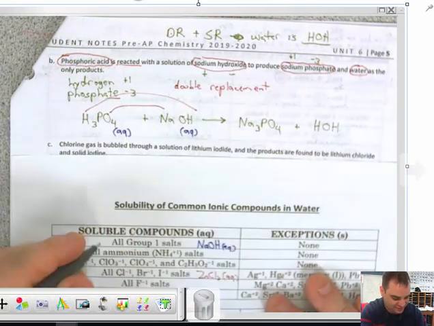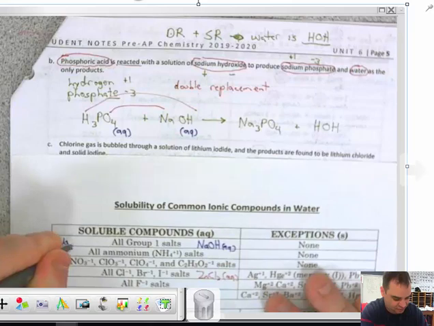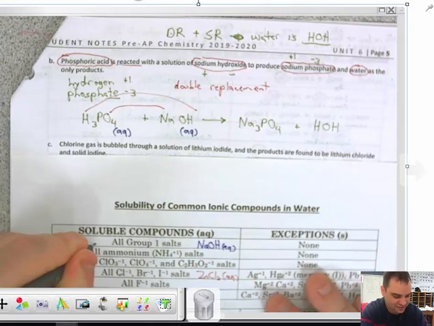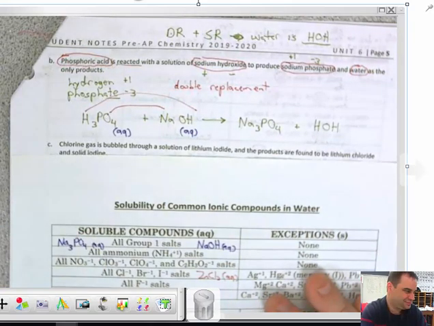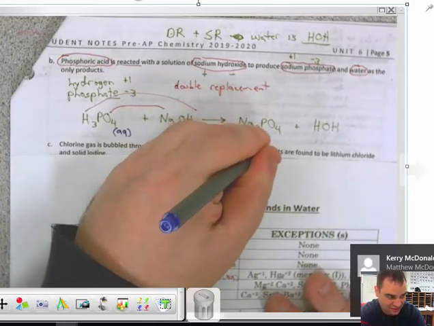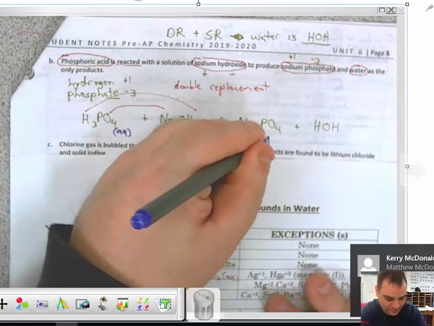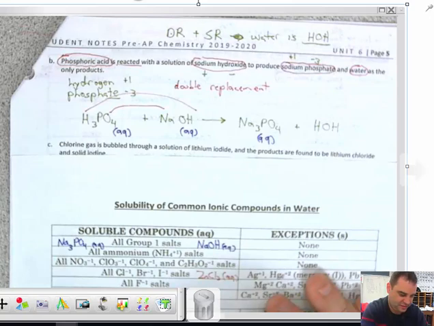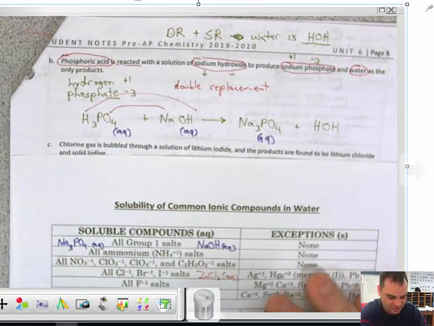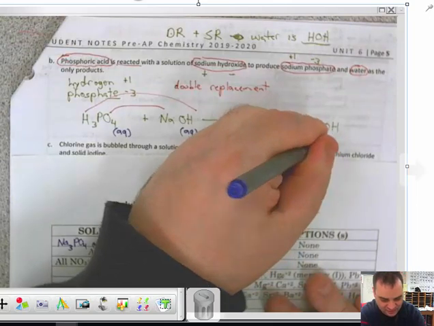Sodium phosphate falls under the group 1 rule as well, because it has sodium. So this is going to be AQ as well. And then water is HOH. So this is a liquid.